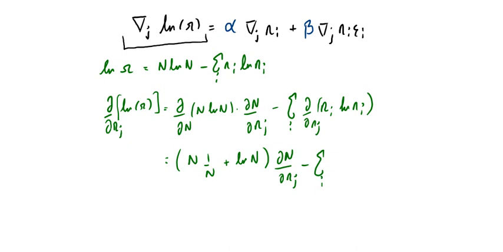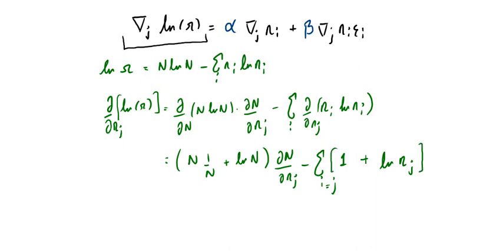Now here n_j is a fixed variable, so when i equals j, this simply becomes 1 plus ln of n_j.